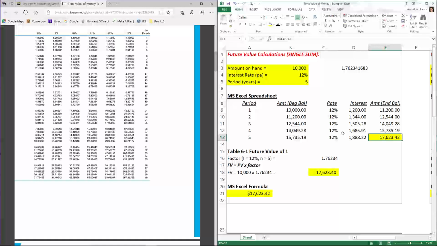One would be you create a spreadsheet. The other is use the time value of money table. The third is use the Microsoft Excel formulas. Or you could actually type the formula and get the factor, and then use it in this step over here.